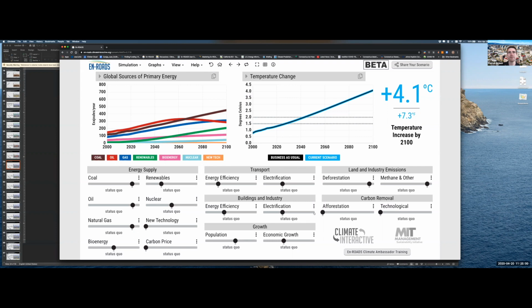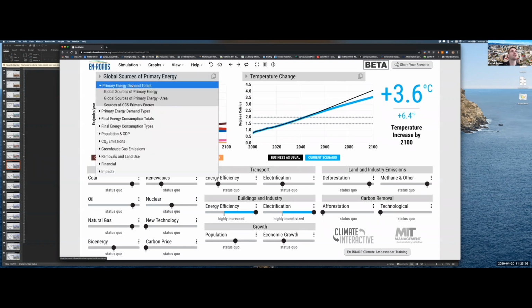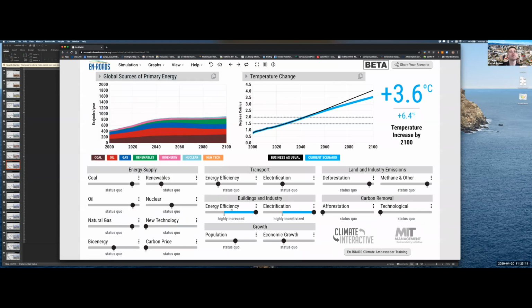If we have our buildings and industry electrified and much more efficient, what does efficiency mean? Remember, if we look at energy demand by area, and if I go from energy efficiency of status quo to energy efficiency highly increased, what is that doing to global primary energy?